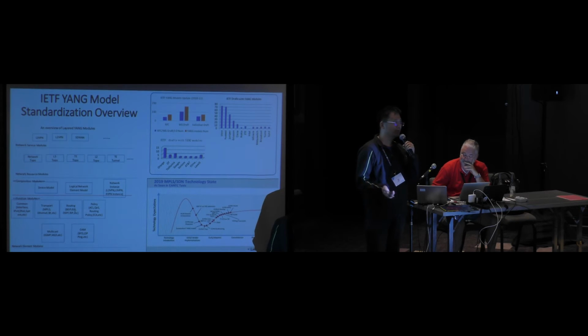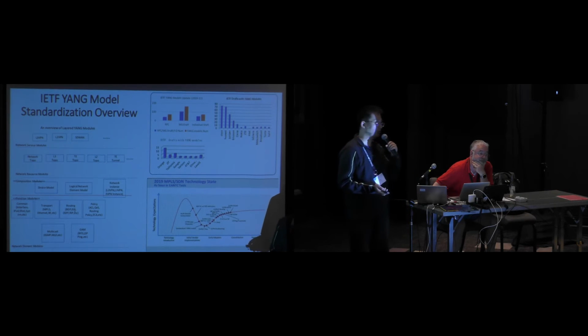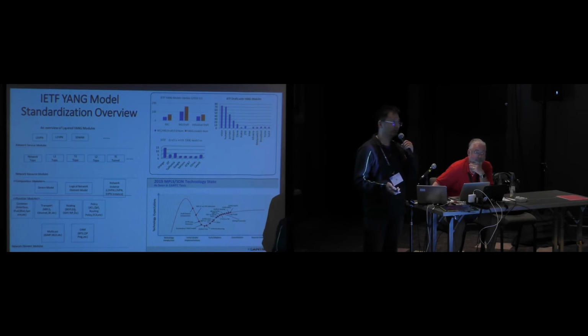Usually YANG data models are classified into service level models and device level models, but in between we also have resource level models. They allow you to schedule resources to meet the service requirements from the top, and also program the network, making it adapt to network change.